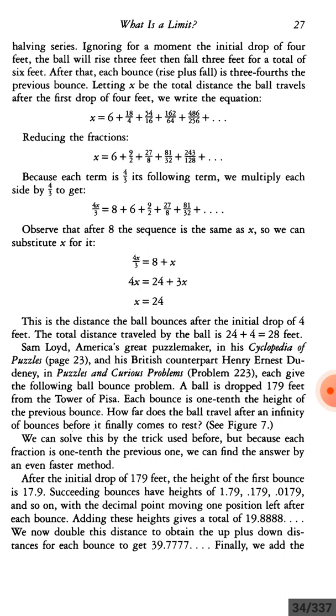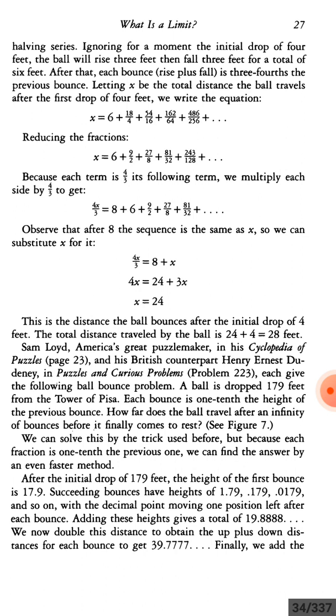Because each term is 4/3 the following term, we multiply each side by 4/3 to get 4x/3 equals 8 plus 6 plus 9/2 plus 27/8 plus 81/32 plus. Observe that after the 8, the sequence is the same as x, so we can substitute x for it. 4x/3 equals 8 plus x, 4x equals 24 plus 3x, x equals 24.